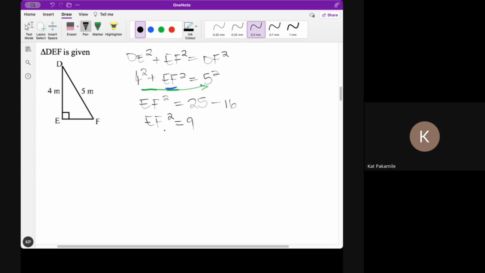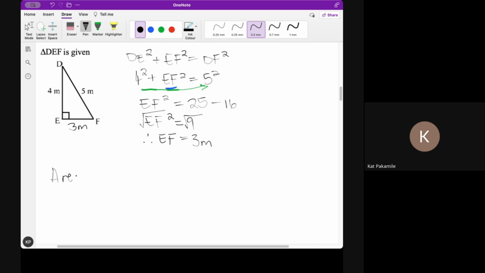What do we call it? A square root. Thank you. We square root both sides. Therefore, EF is equal to 3 meters. So this is 3 meters.